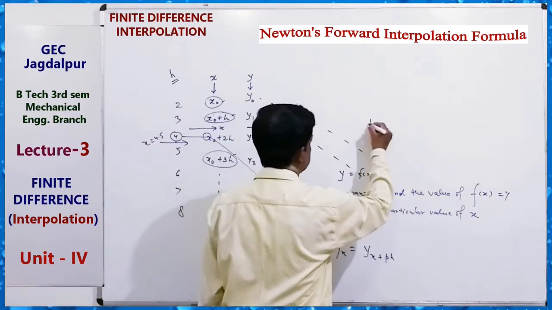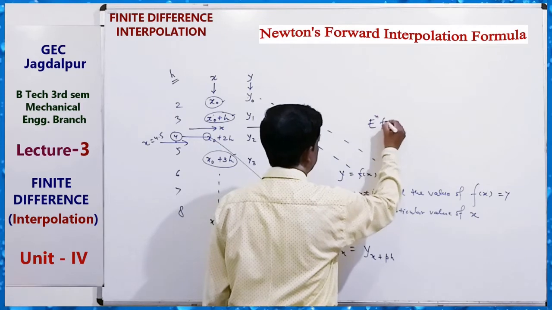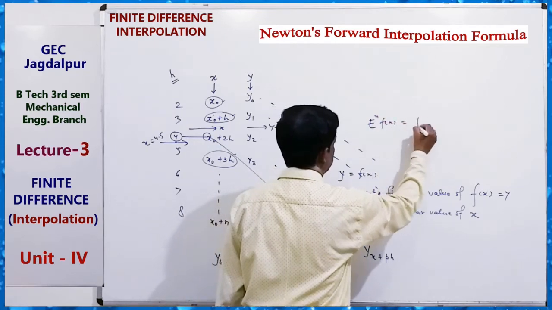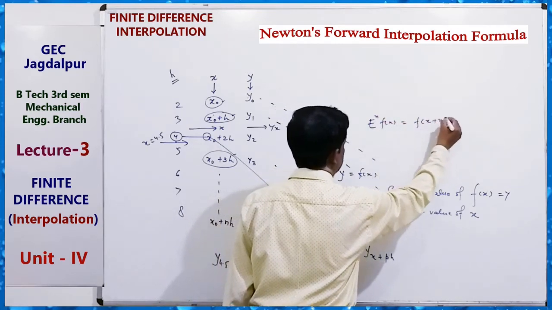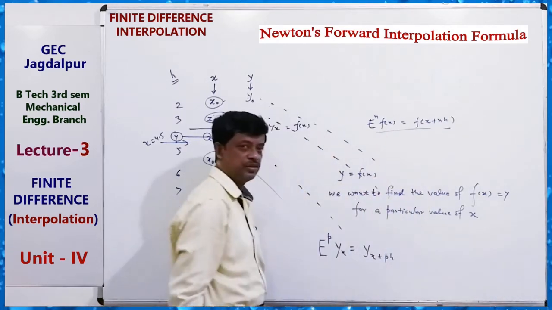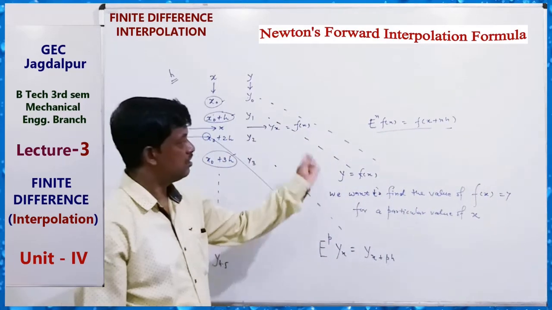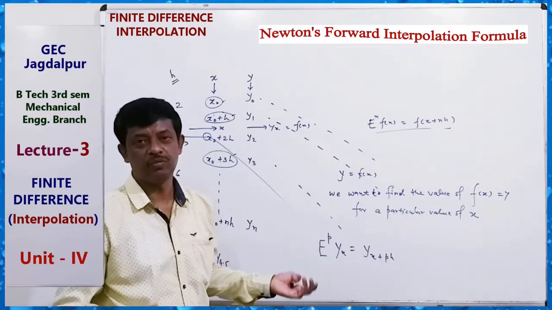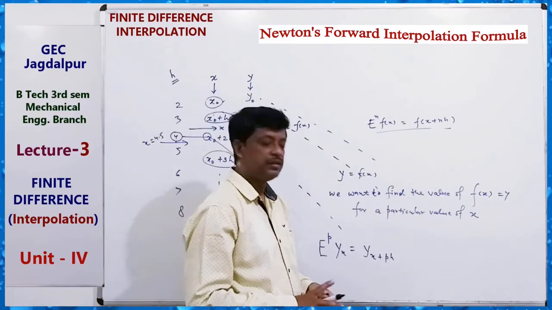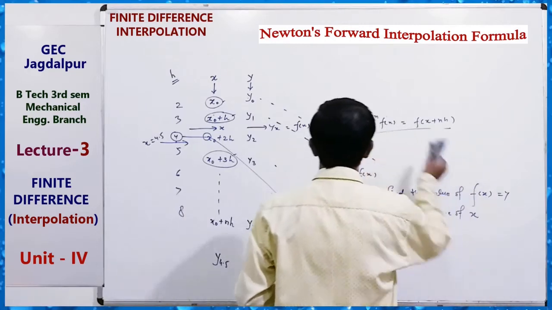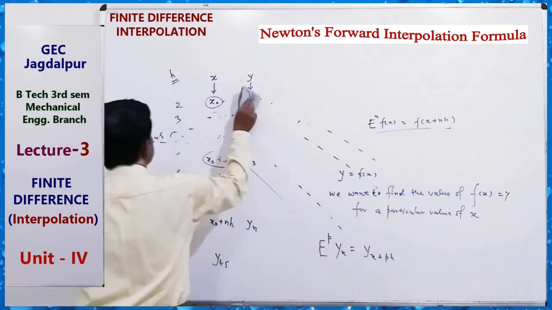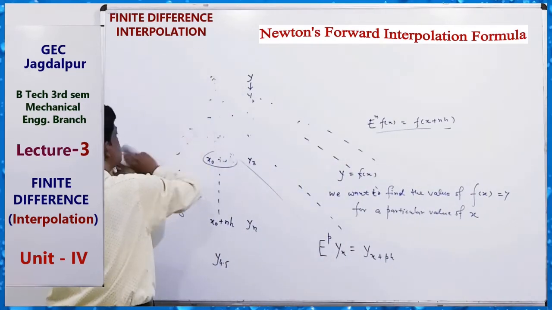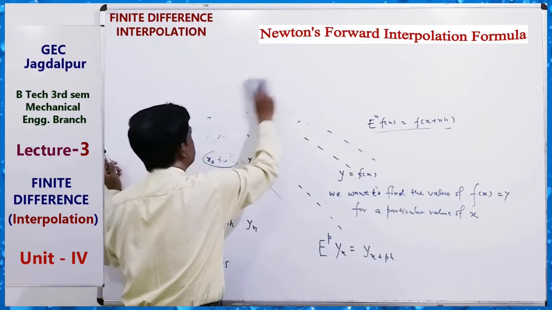Shifting operator means E^n f(x) is what? f(x plus nh). This is our shifting operator. So by using this shifting operator and its relation and binomial theorem, we can get a formula for interpolation.